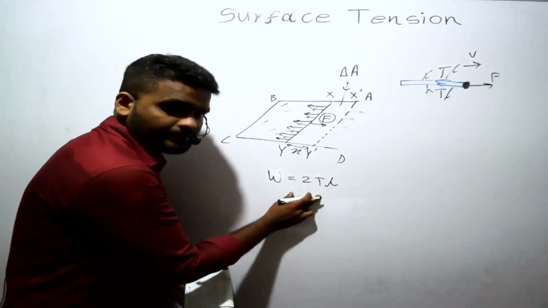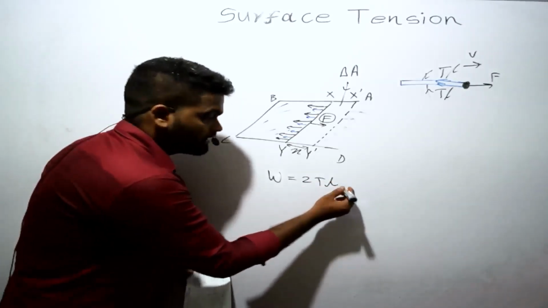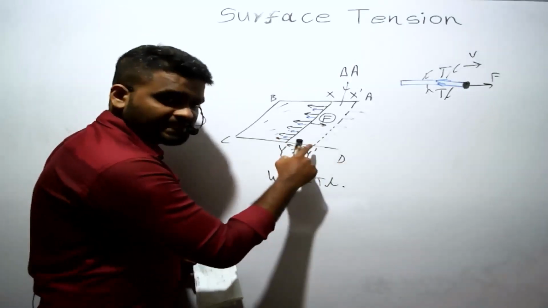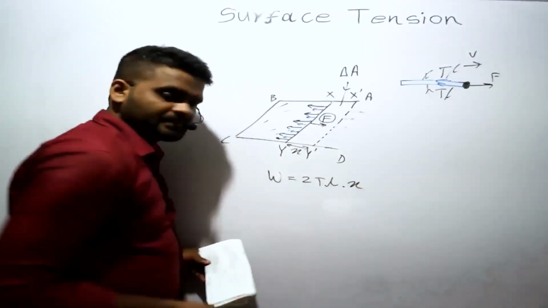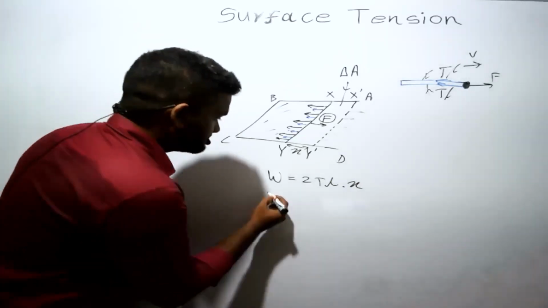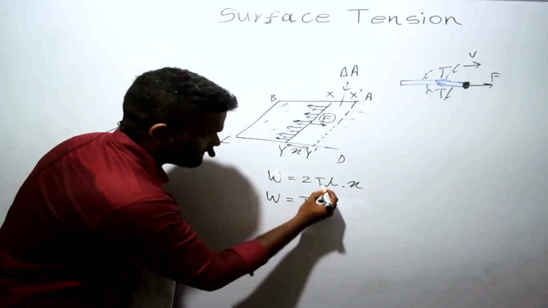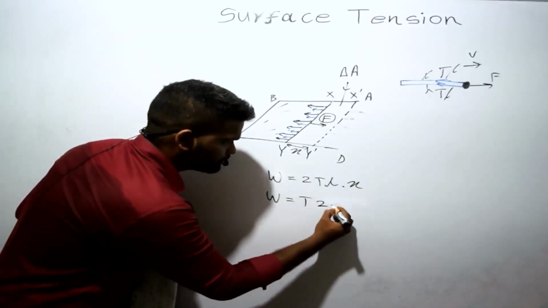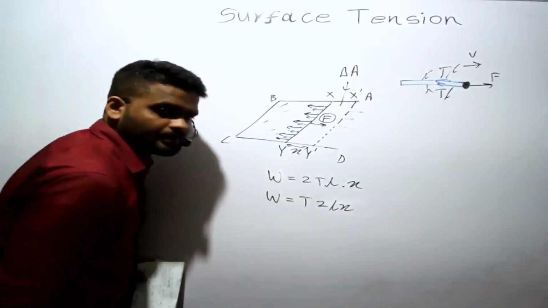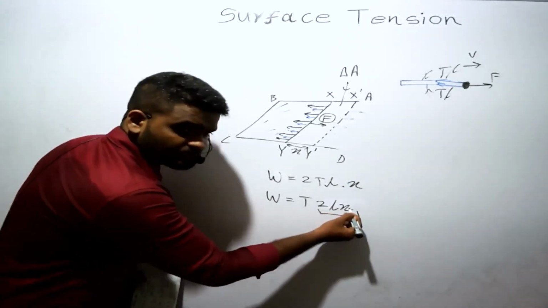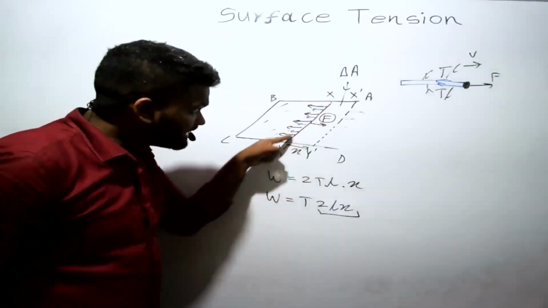F is 2TL, right? Then what is the distance? S, that is simply x. Then I am taking T in front. Then put 2Lx, right? Then we can say this 2Lx means what? Length times x.